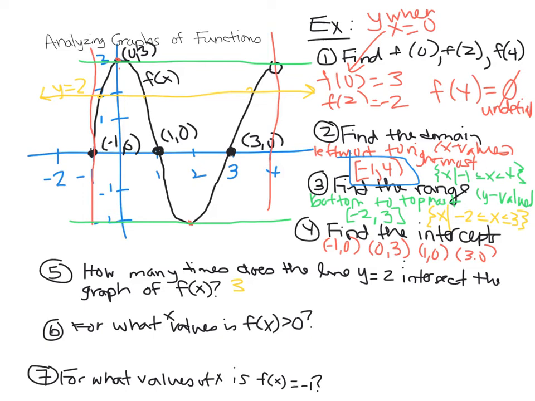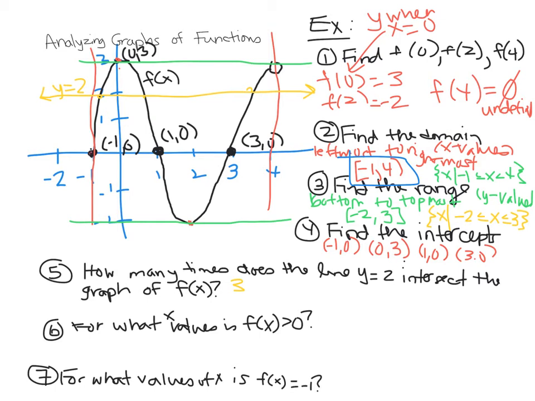The next one, for what values of x is f of x greater than 0? This one is a little bit more challenging. I'm going to draw it on the graph. We'll do that in red.